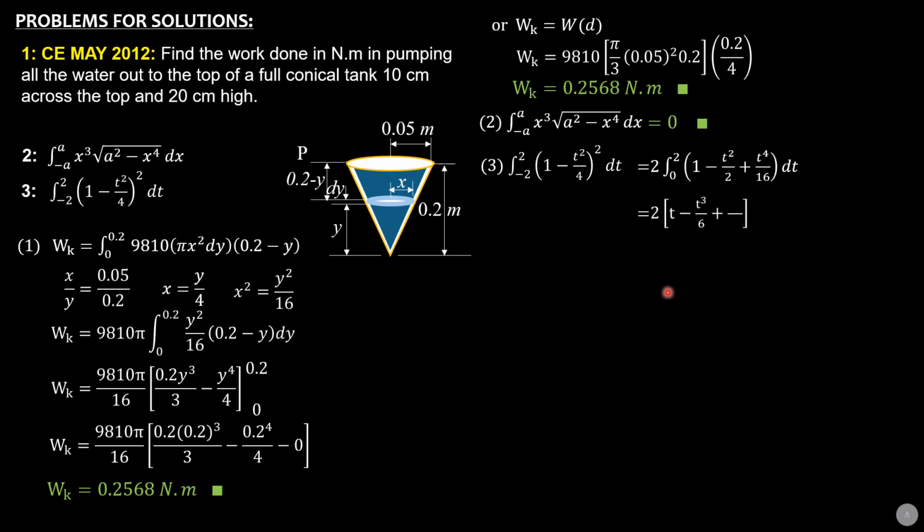And limit 0 to 2. So that's 2 quantity 2 minus 2 cubed over 6 is 4 thirds. And 2 to the 5th, 32 over 80 is 2 fifths minus lower limit 0. So that's 2 times quantity 2 minus 4 thirds plus 2 fifths minus 0. And that is 32 over 15.